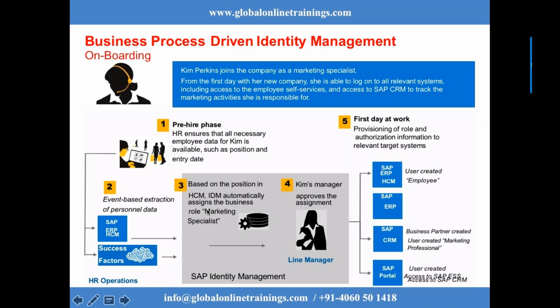Getting Kim's manager to approve again is not required, because Kim's manager might have approved this access as part of the onboarding process. However, you can incorporate this step into this area.